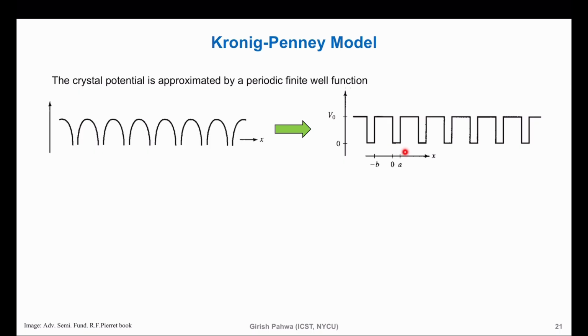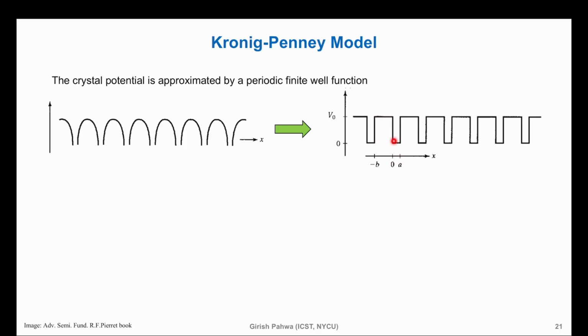First is the region from 0 to A, which has a different potential, and from minus B to 0, it has a different potential. Here the potential is 0, and from here to here the potential is V naught. I could have assumed that this is 0 and this is minus V naught, whatever you want to do, but in this case I'm assuming this is 0 and this is V naught.